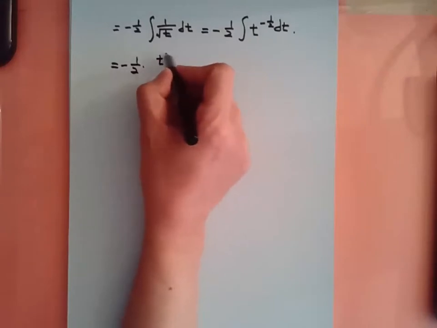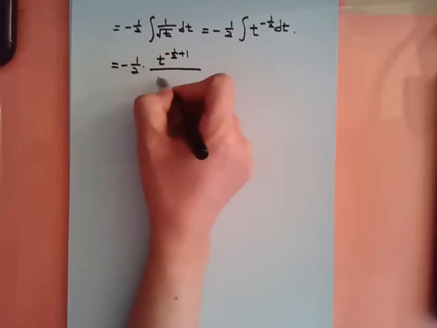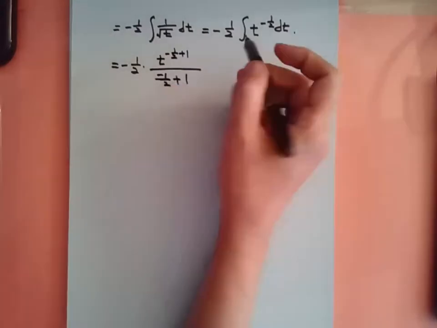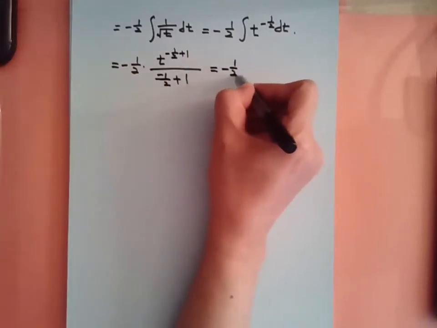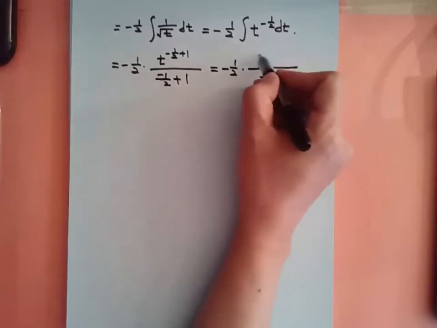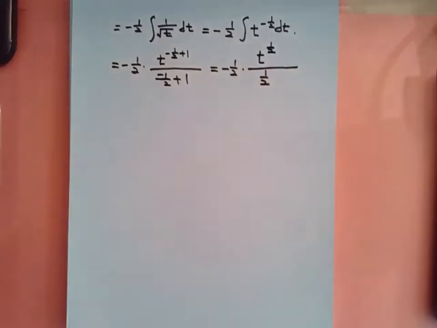So t to the minus 1 over 2 plus 1, over minus 1 over 2 plus 1. So that is 1 over 2, right? Minus 1 over 2, and the denominator is 1 over 2, and the numerator is t to the 1 over 2.